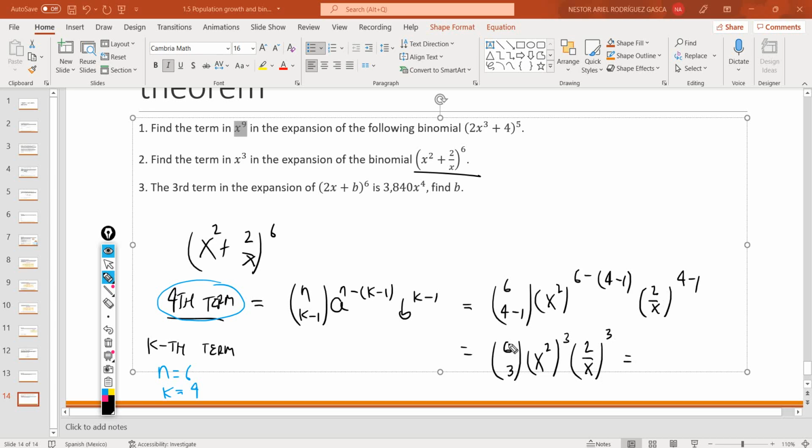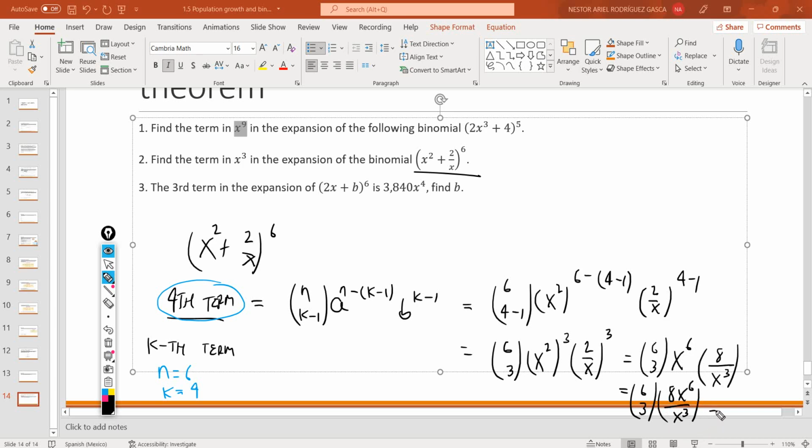I don't have the calculator by my side, guys, so you're gonna have to help me with this. 6 choose 3, and then x to the 6, and then 2 to the cube, which is 8, x to the cube, which is x to the cube. That equals 6 choose 3, and then we have x to the 6 times 8. So we're going to get 8 x to the 6 over x to the 3.